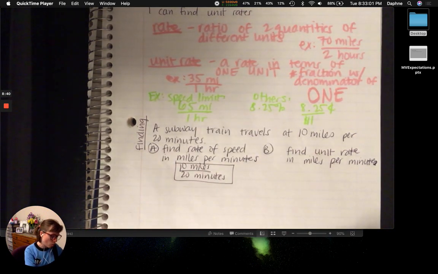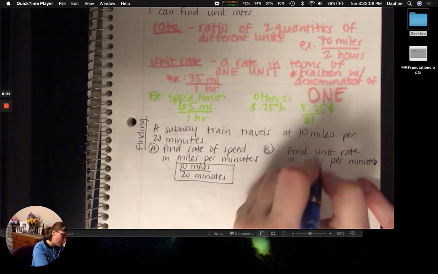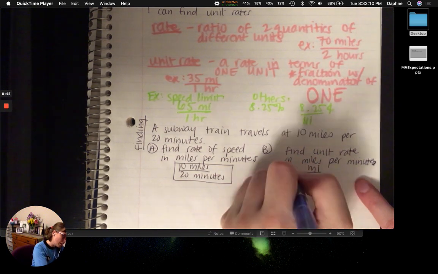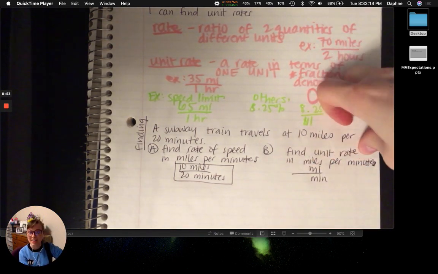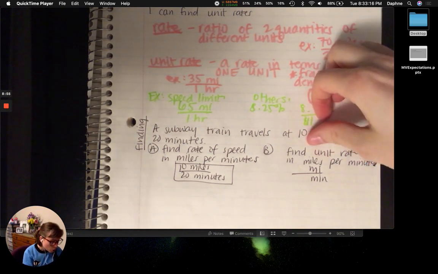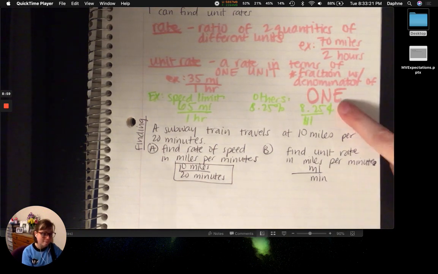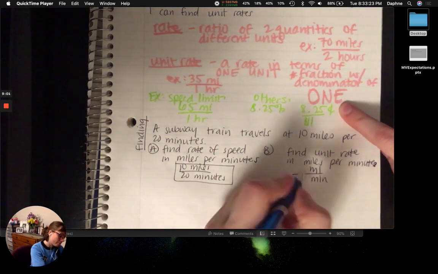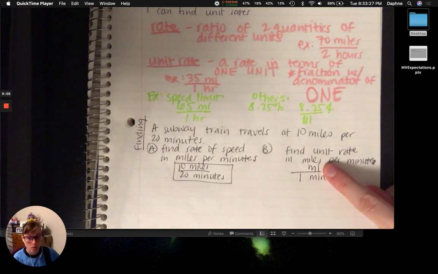But now I want it to be a unit rate. So I need a unit rate. I still need miles in the numerator. I still need minutes in the denominator. That's still miles per minute. That part hasn't changed. But this unit rate tells me the denominator has to be 1. Okay, so I know everything except this mysterious numerator.